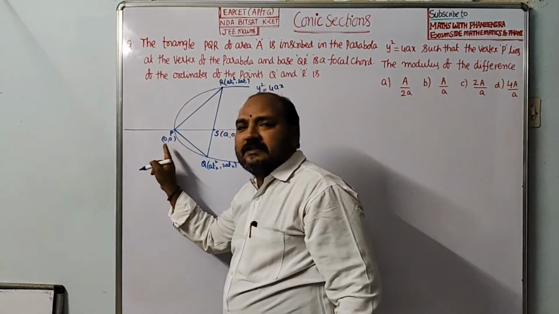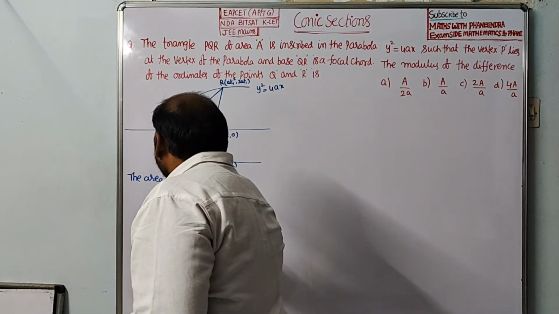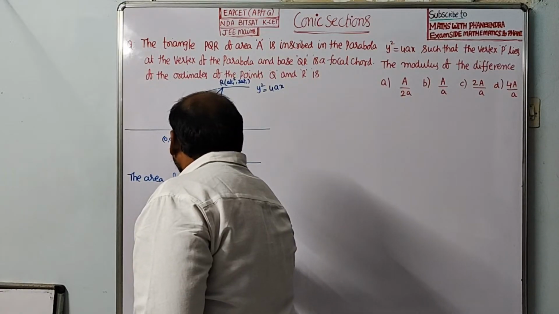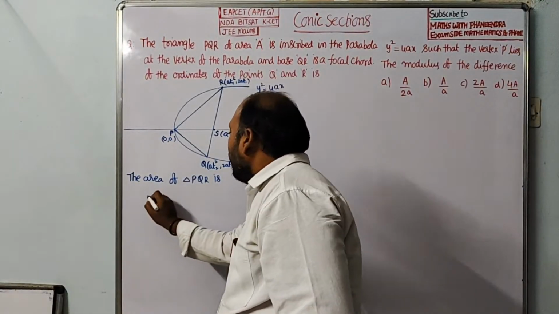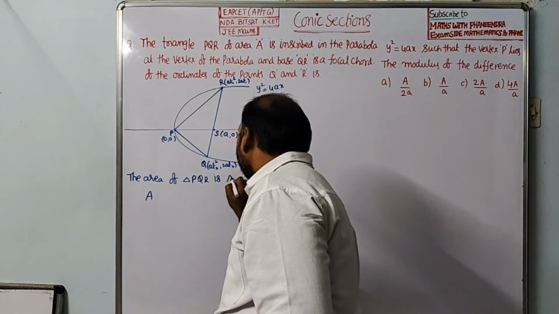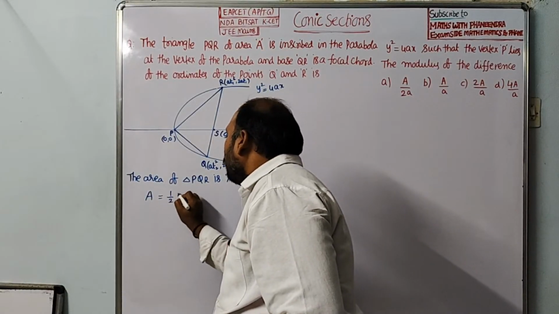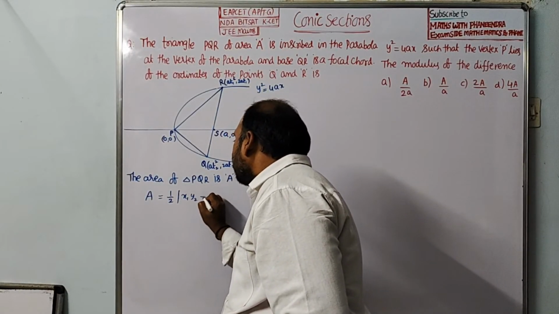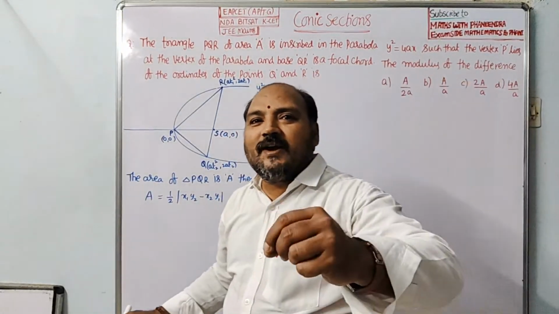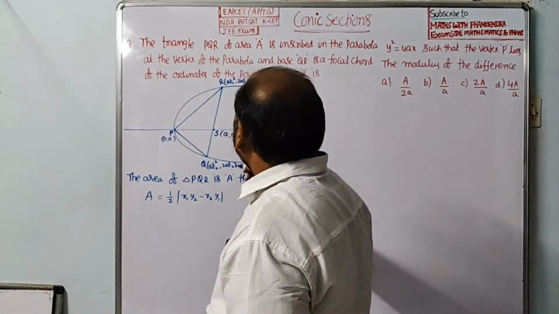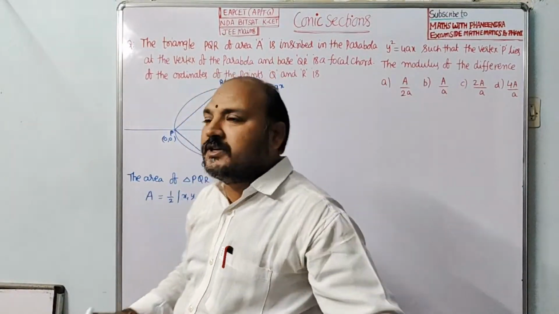The area of triangle PQR is A, capital A, then half into mod (x1y2 minus x2y1). Sir, why are you writing this formula? We know that in two-dimensional geometry, among the three vertices, one of the vertices is the origin.